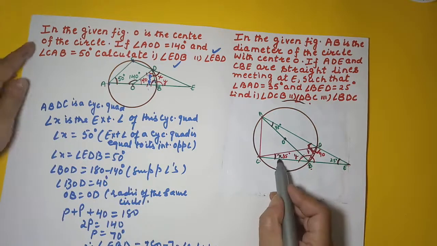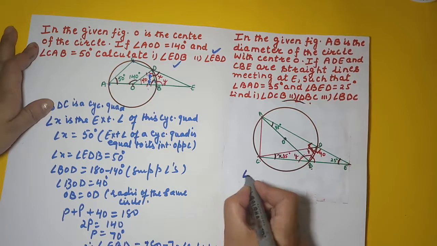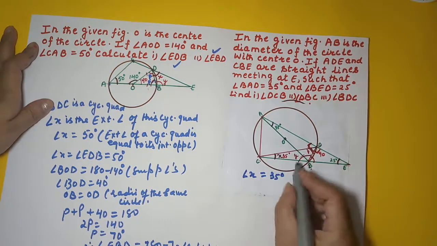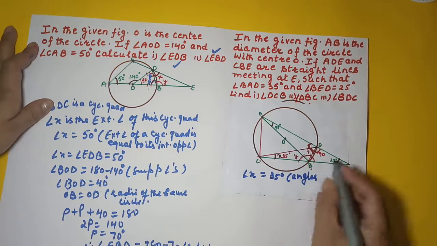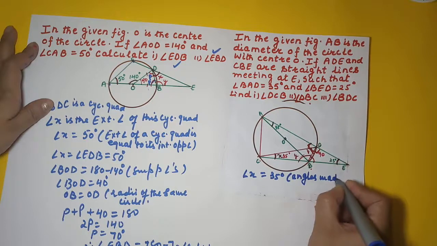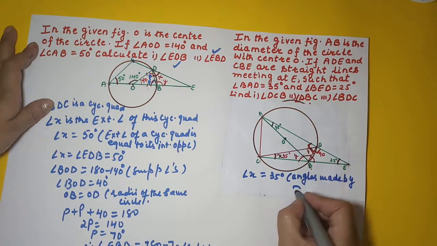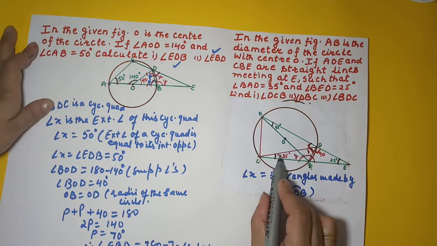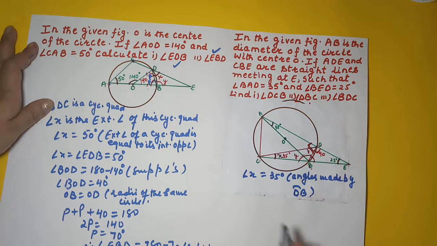So first we can write directly that angle X is equal to 35 degrees. Why? Angles made by the arc, which arc? DB, right? So we got this. Now angle ADB is 90 degree.